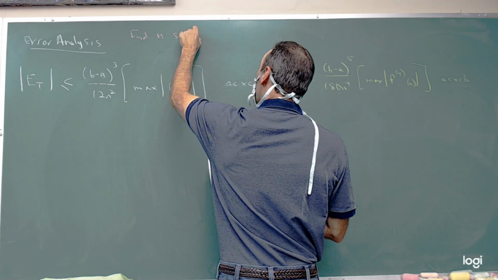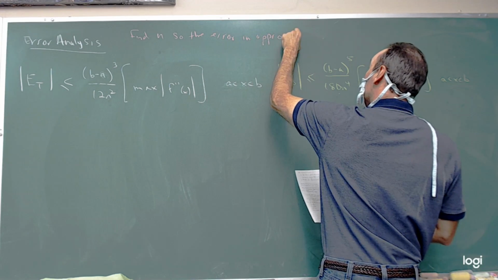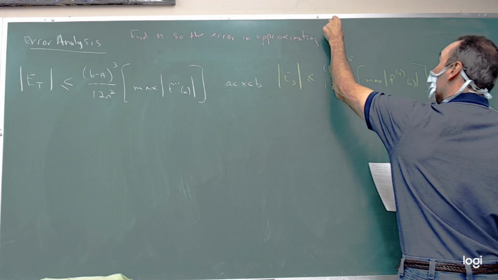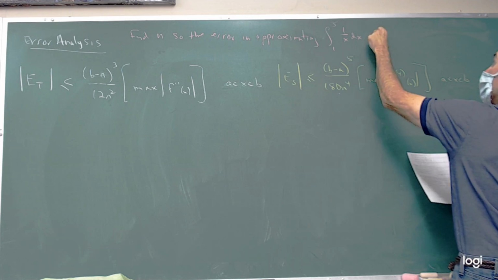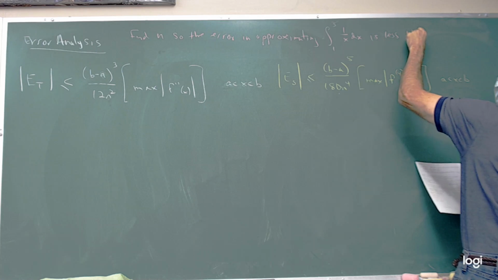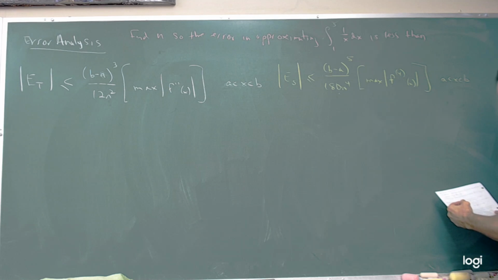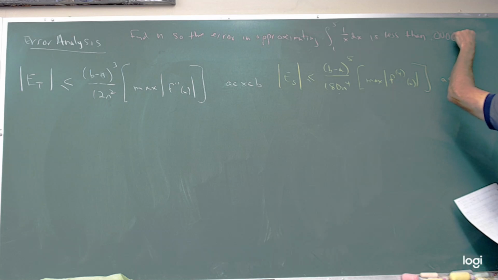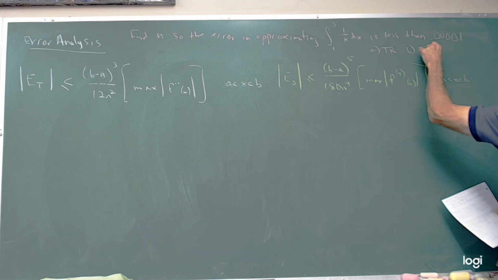So the error in approximating the integral from 1 to 3 of 1 over x dx is less than, and we'll say decimal point, 1, 2, 3, 4 zeros and a 1, first using trapezoidal rule and then using Simpson's rule.